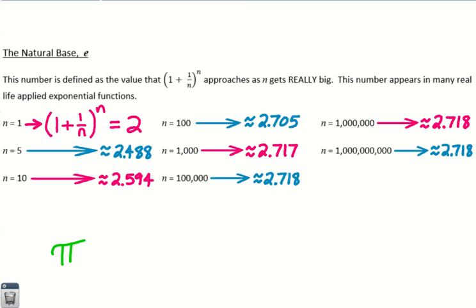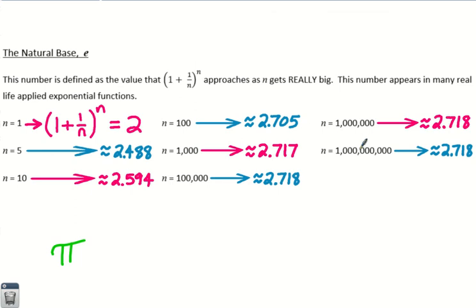So you can start to think of this number e pretty much like 3.14 is pi, because the precise technical definition of what this number is, it's what this approaches as you let n just get infinitely bigger, like forever.